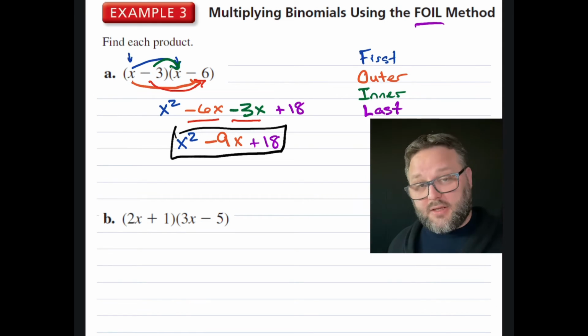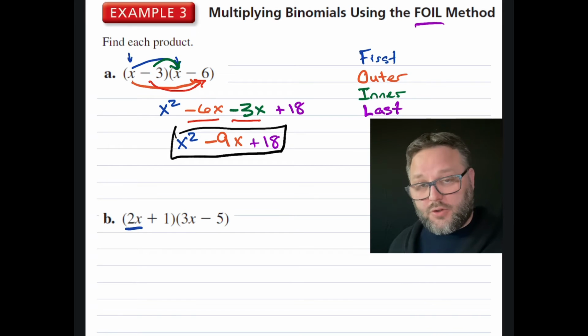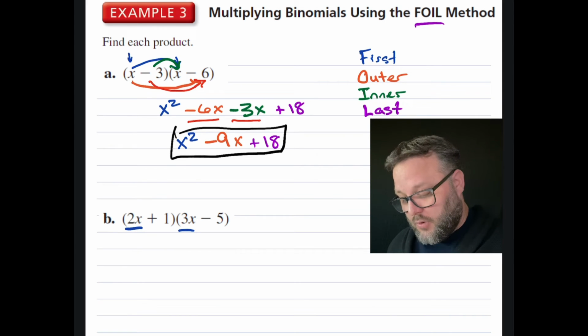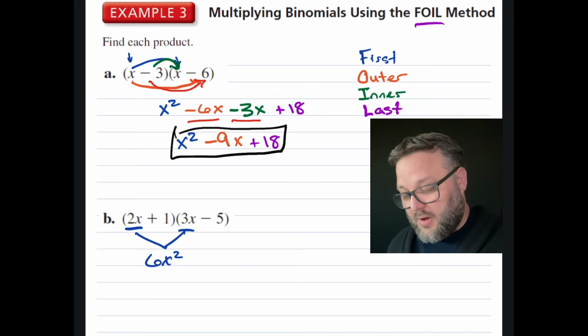So let's look at the second option here. I have my first term of 2x and my first term of the second group, and I can multiply those together to get 6x squared. Now I've got my outer term.